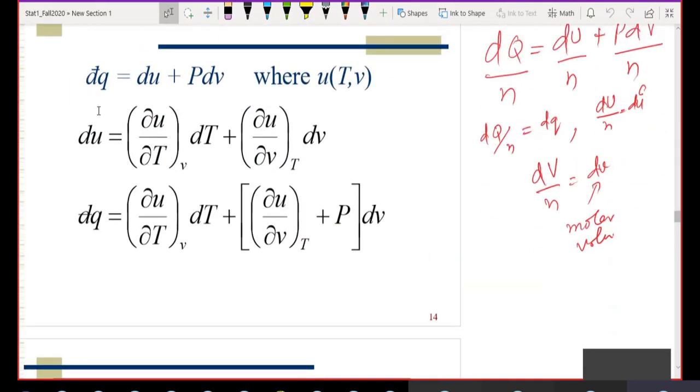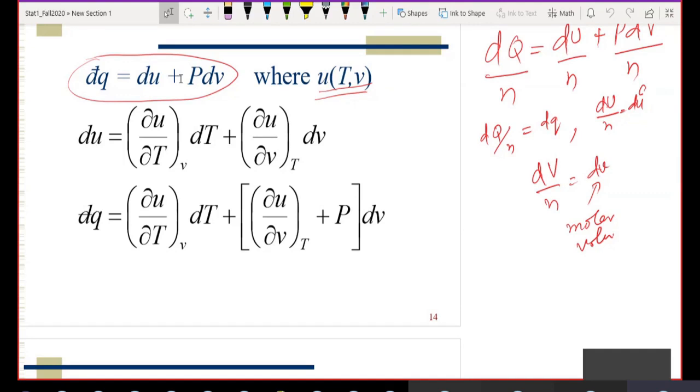Here, this is the first law in terms of molar volumes and molar energies. And because energy is a function of temperature and molar volume, that is the functional form. You can change energy by increasing its temperature or by changing its volume. That is why it is defined as a function of temperature and molar volume.